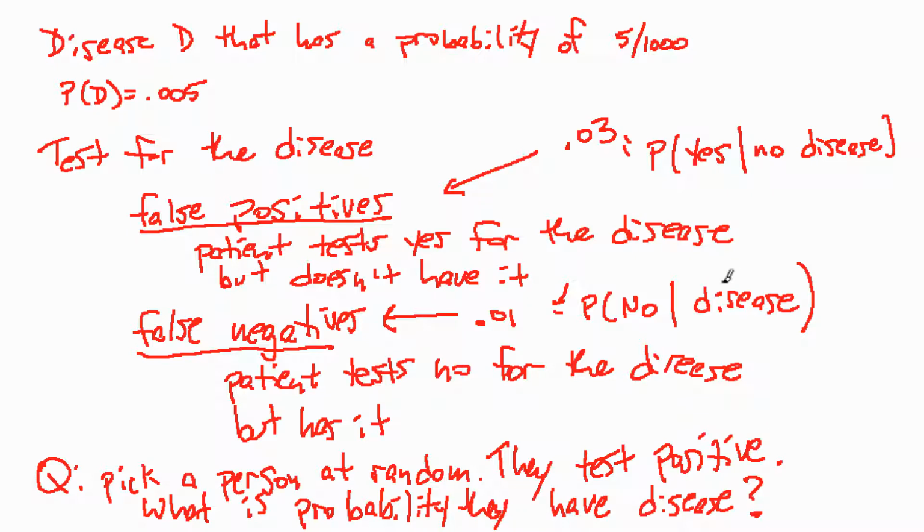So let's think about what this is asking here. This is asking what is the probability of the disease given yes. Okay? All right, so let's figure this problem out.